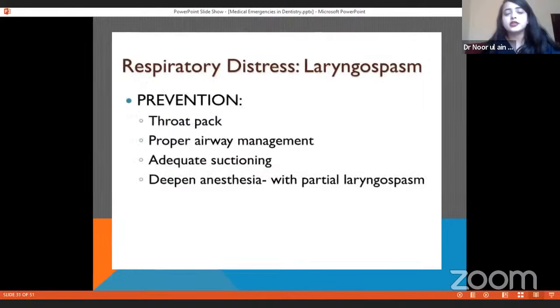So how is it prevented? Throat pack is applied. The throat pack must be applied. Proper airway management should be done. Adequate suctioning must be done in between all the treatment, and deepen the anesthesia with partial laryngospasm.